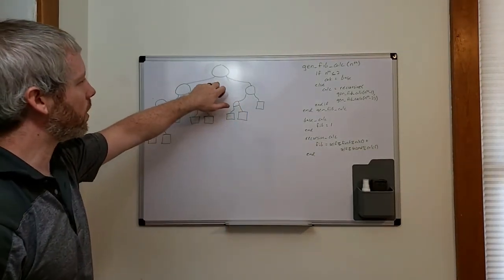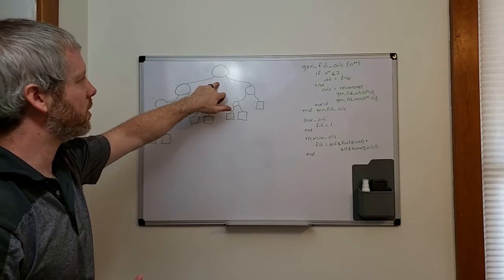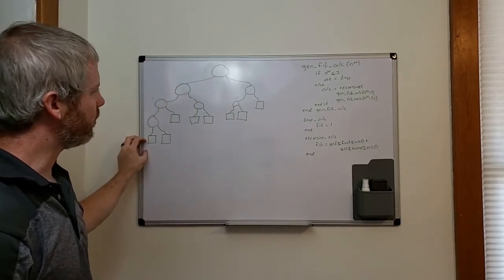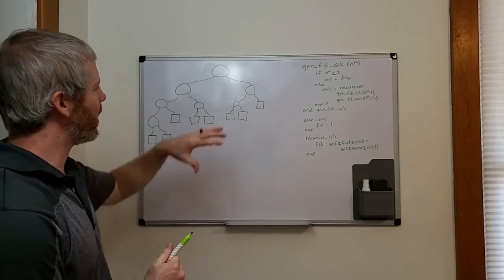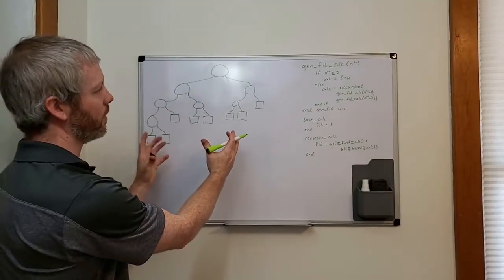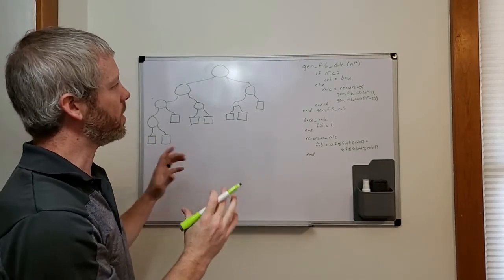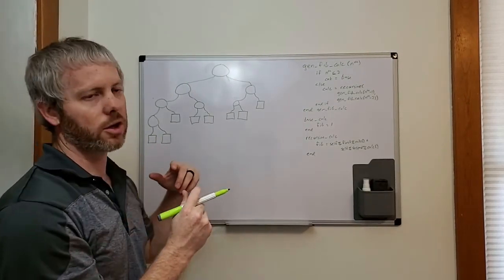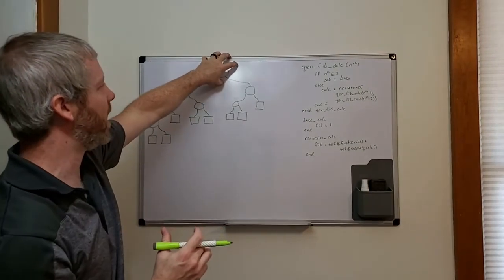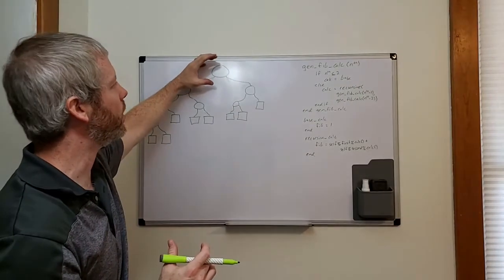We know what the type is at each node, so we know whether it's a node or a leaf, but we don't have any other information. We've just built up this data structure. So next we go through and we call that calc procedure starting up here at the top. We're holding on to the head of this tree, the root of this tree.